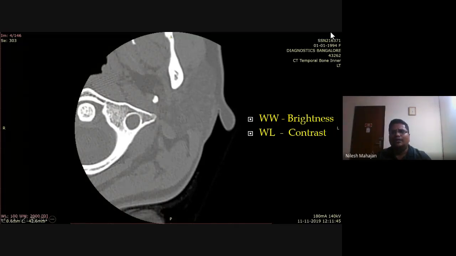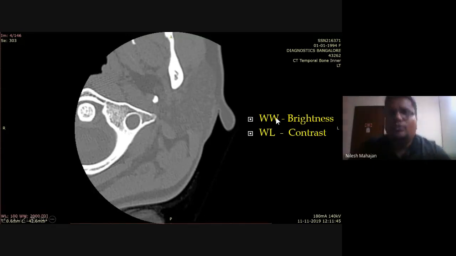Okay, so here you can see the patient's information and diagnostic center name. Then two important things are there. If you see at this corner, you can see the WL and WW signs. WL is nothing but window level, and WW means window width. For a layman, or for ENT purposes, you can call WW brightness and WL contrast of the scan.